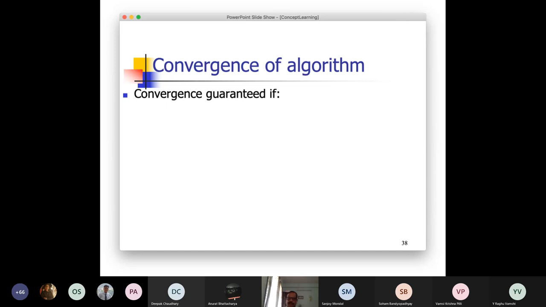In this case, the convergence of this algorithm is guaranteed if, first, there is no error in the training sample. But the second one is also very important: there has to be a target function in the form of the hypothesis also.